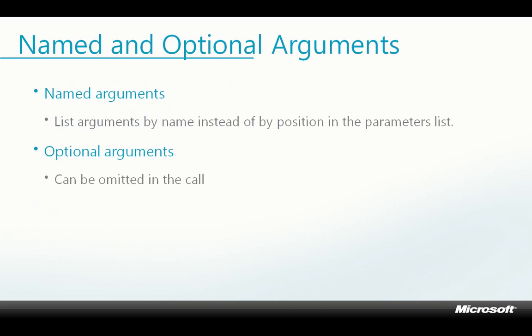Named arguments let you provide arguments by name instead of by position in the parameters list. Optional arguments let you omit some arguments for some parameters. Both mean that you can provide only some of the parameters to a method, which makes it much easier to work with COM interfaces like the Microsoft Office Automation APIs.